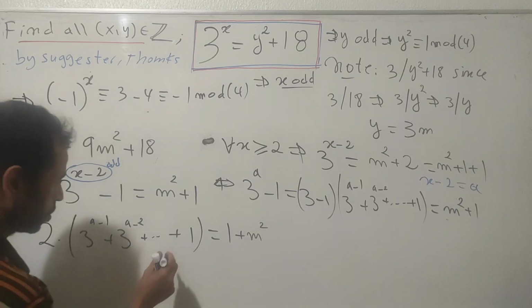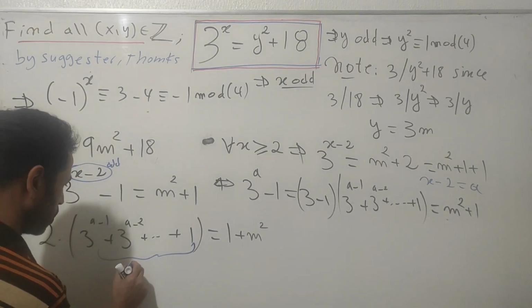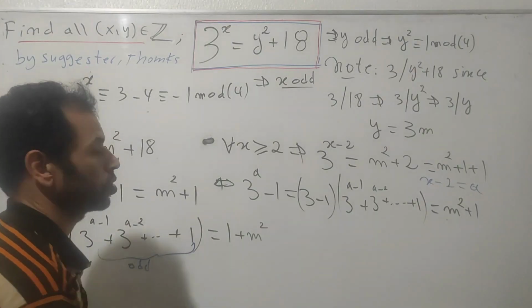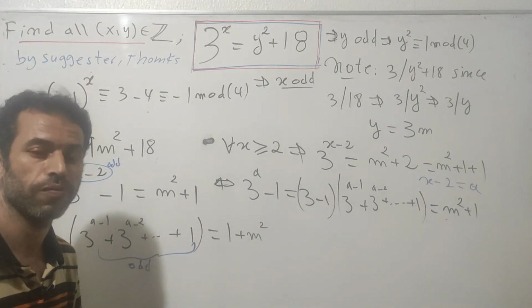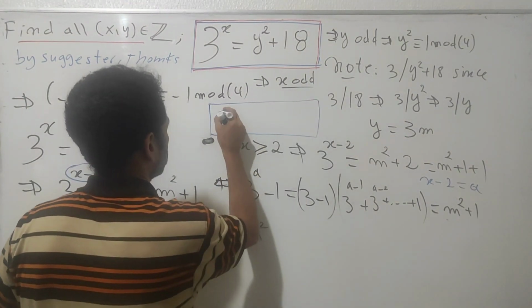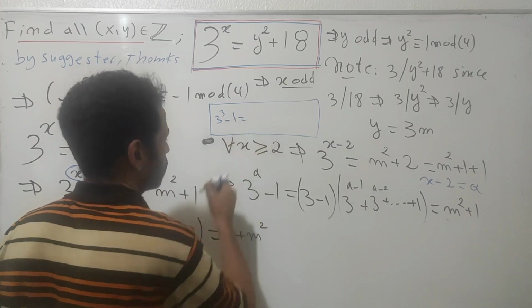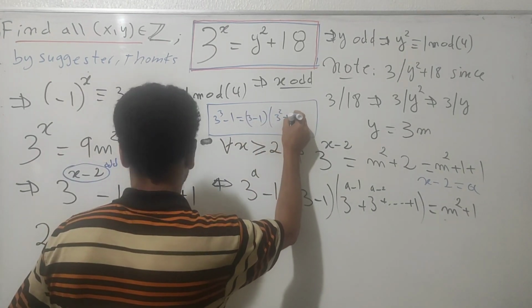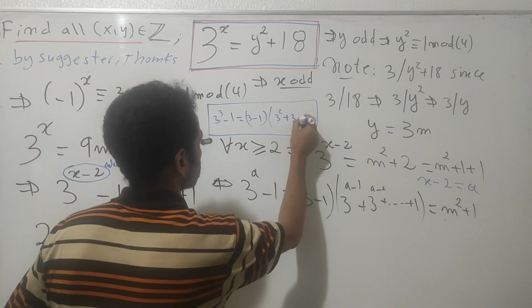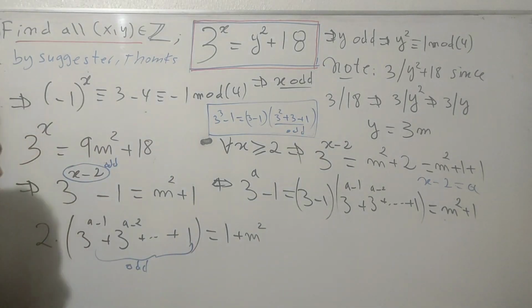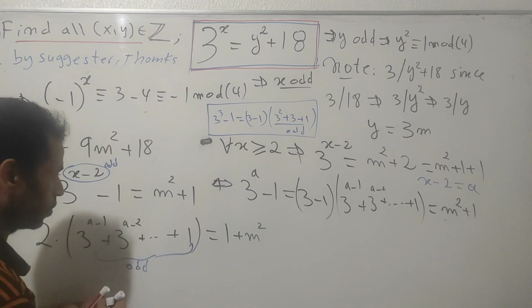So in other words, this one is odd. You can take an example like 3 cubed minus 1, which equals (3 minus 1) times (3 squared plus 3 plus 1). So clearly this one is odd. It's the same as here. So this is odd, but this one is even.